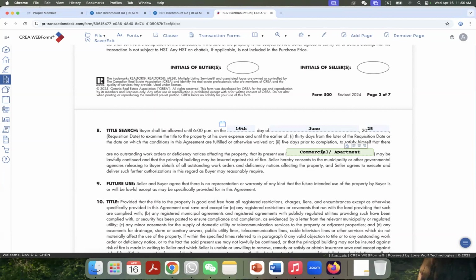If you don't put something like this, an apartment is different, right? When you buy a property for an operating restaurant, you don't say commercial retail, you say commercial food related. Later on the buyer says, hey, David, I wanted to buy a restaurant property. Why did you use retail? Then you're in trouble, right?